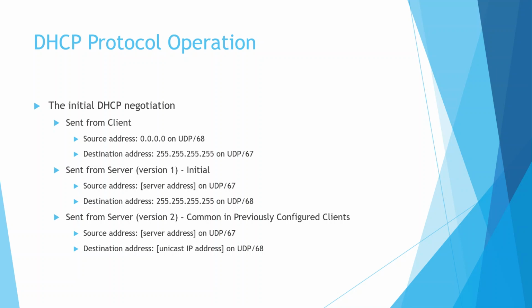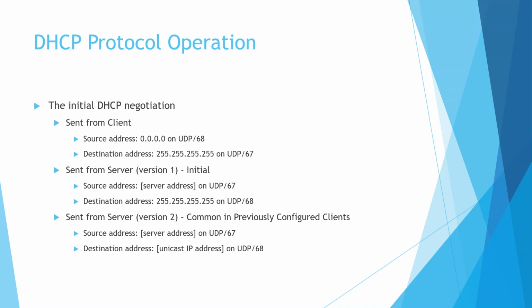So if we know that we have a DHCP server out there somewhere, or even think that there could be one, all we have to do is broadcast for it on UDP port 67, because we know that's what DHCP listens on from a server perspective. So we can try to reach our DHCP server that way, or if we're using BOOTP, we could do that as well.